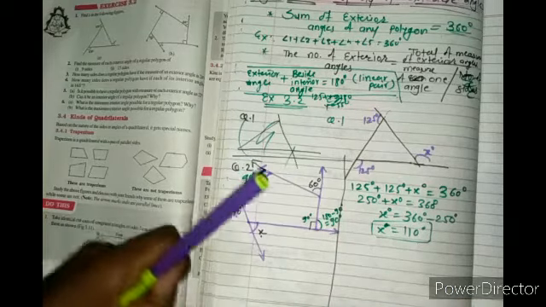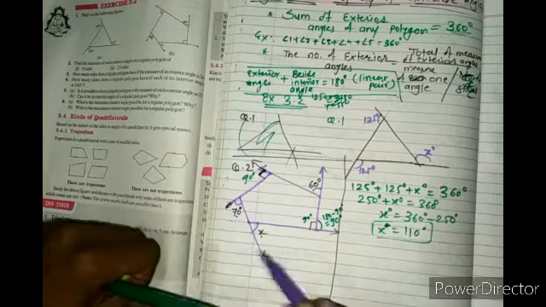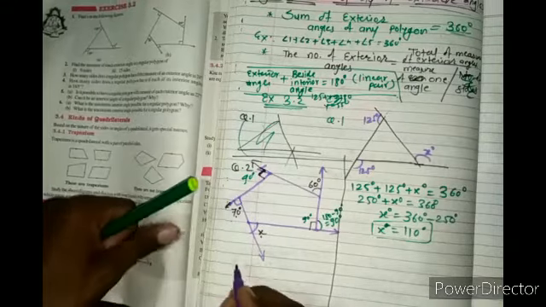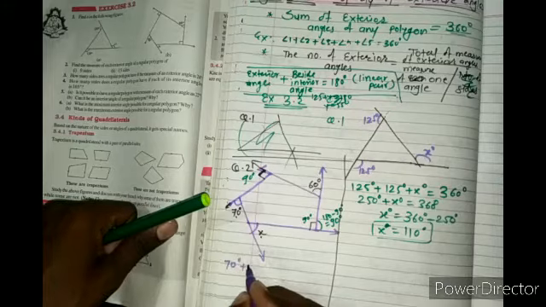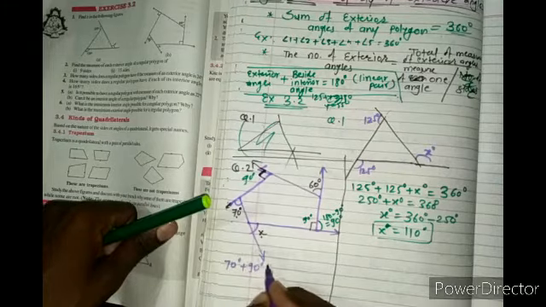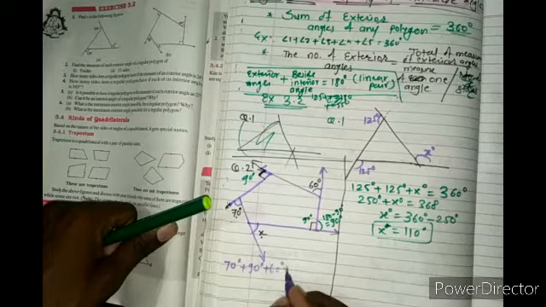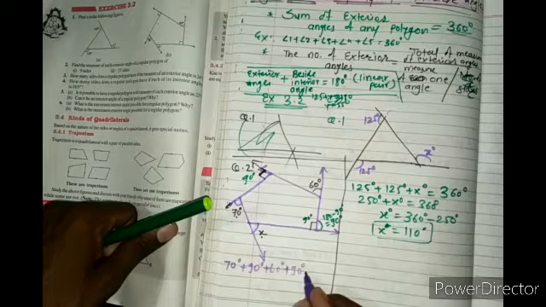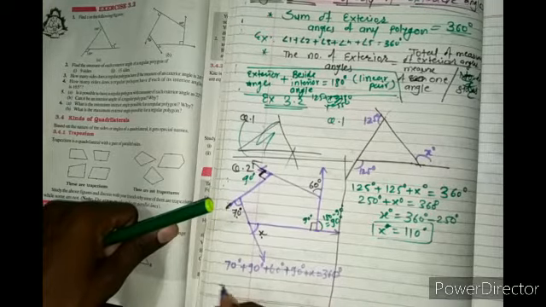So now I have got all the exterior angles except x. So I will add them: 70 plus 90 plus 60 plus 90, and this last x, is equal to 360 degrees.